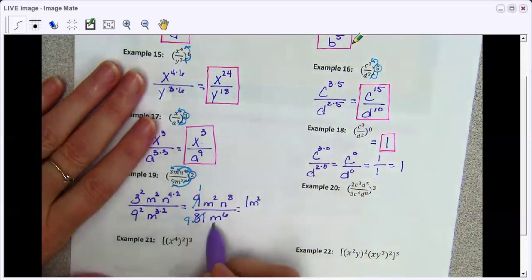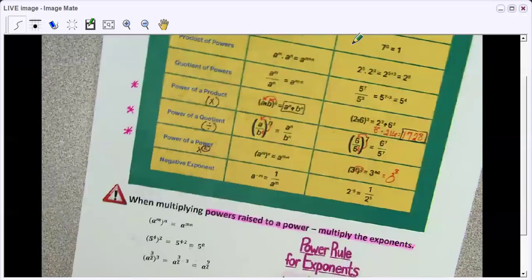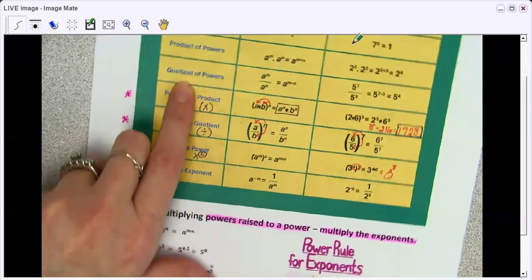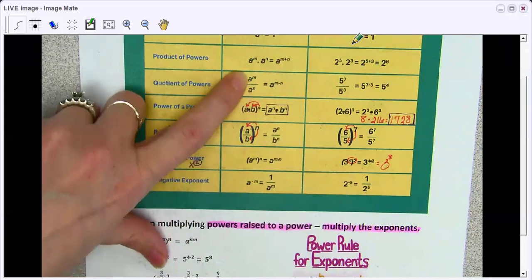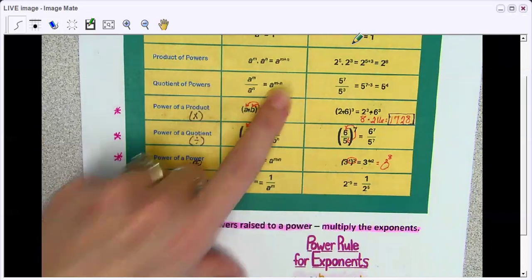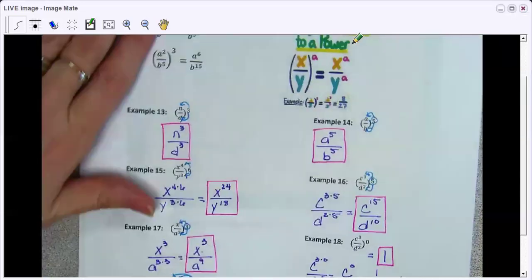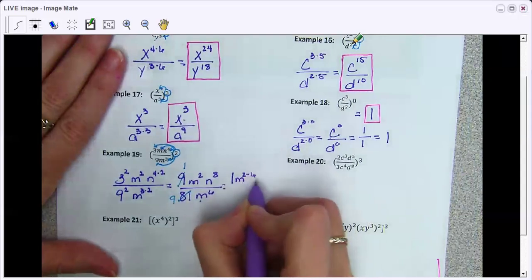Now, because I have the same base in the bottom, we are subtracting exponents. So that follows the quotient of powers right here, where you have the same bases being divided and they both have exponents, and you just subtract the exponents. So that's what I'm doing. I'm going to take m to the power of 2 minus 6.